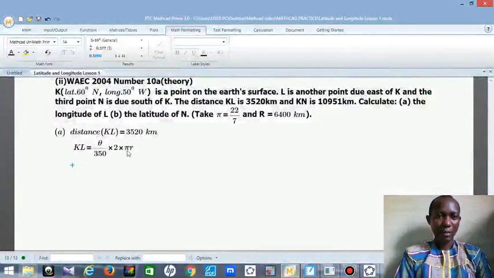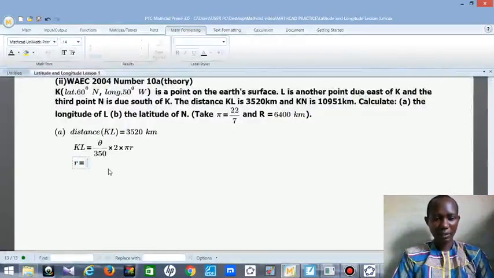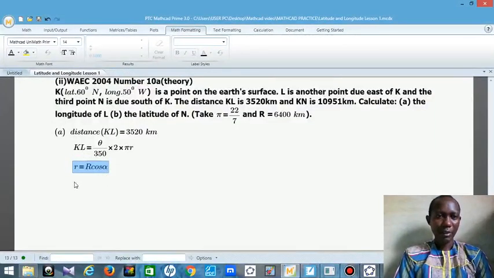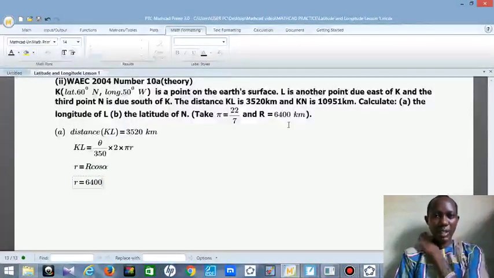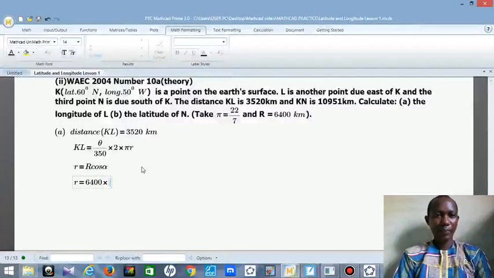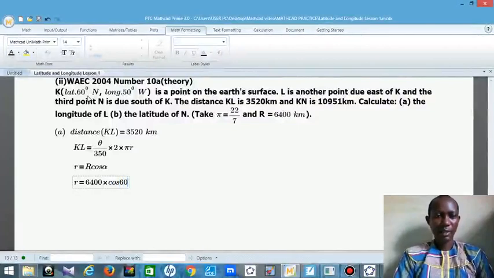Before we solve for theta, let's get our r, the small letter r. Remember the formula, capital R cos alpha, and alpha is the latitude on which both points are standing. Capital R is given as 6,400, multiplied by cos 60. Cos 60 is 0.5.